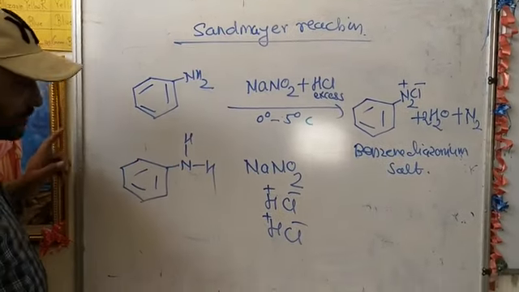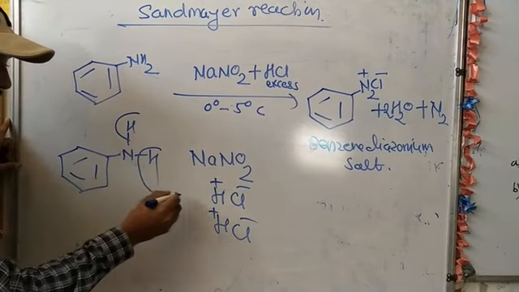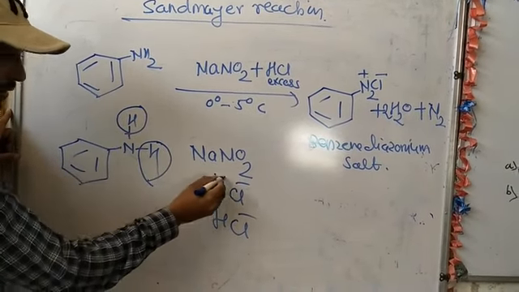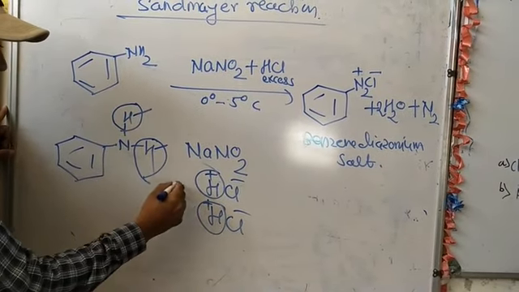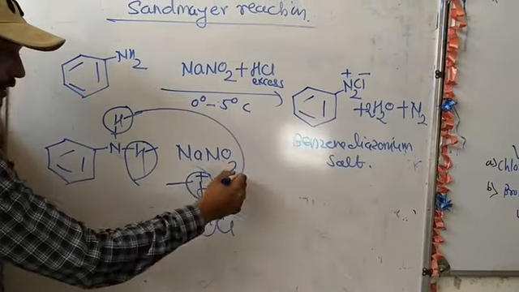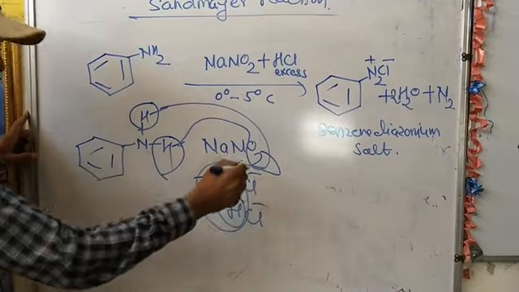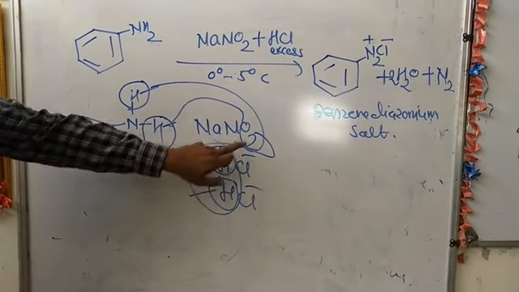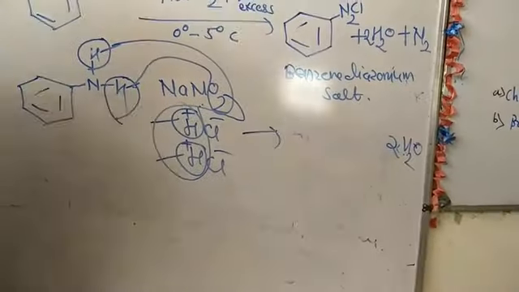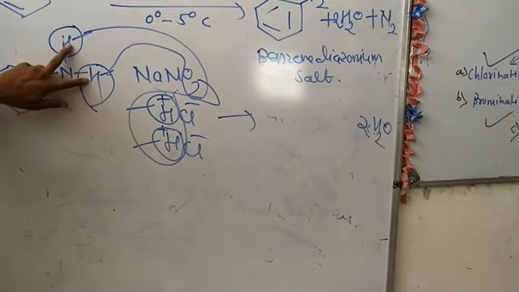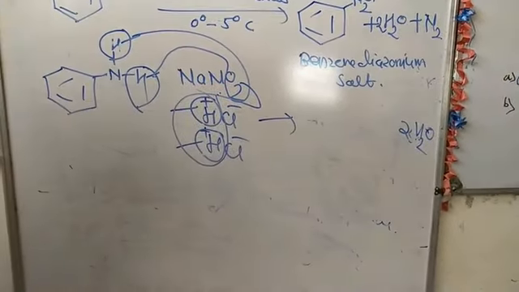So what is lost from this side? One hydrogen and one hydrogen, that is 2 hydrogen, 3 hydrogen and 4 hydrogen. All these 4 hydrogens combine with oxygen, forming 2 H2O.